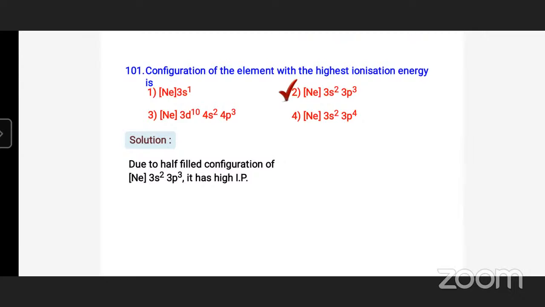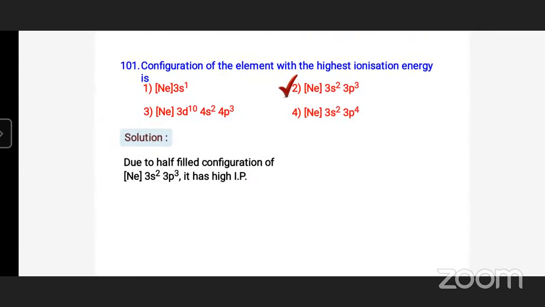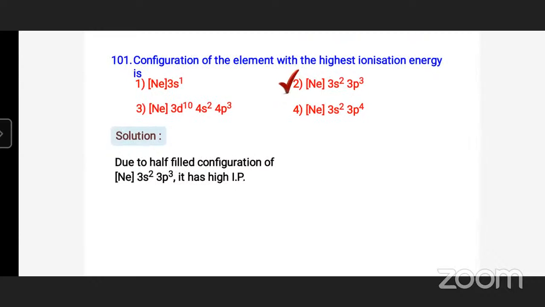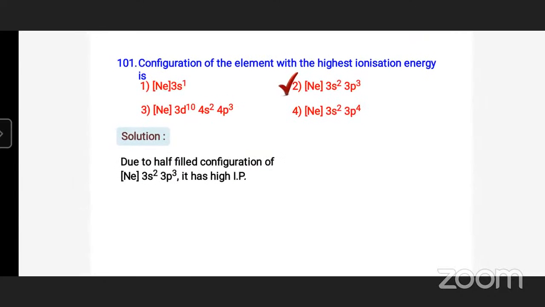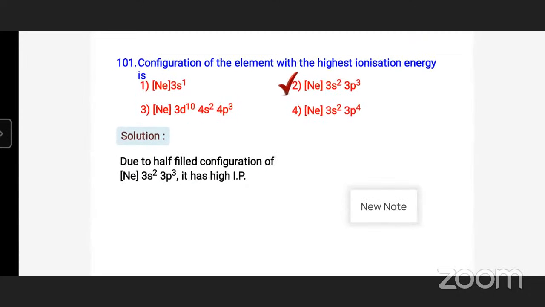Among these, the half-filled configuration 3s2, 3p3 has a high ionization potential. So the half-filled electronic configuration has more ionization energy. So the second one, neon 3s2, 3p3, is the right option.